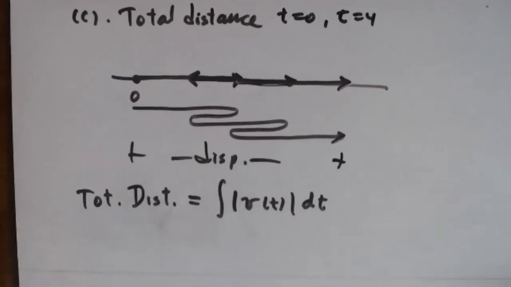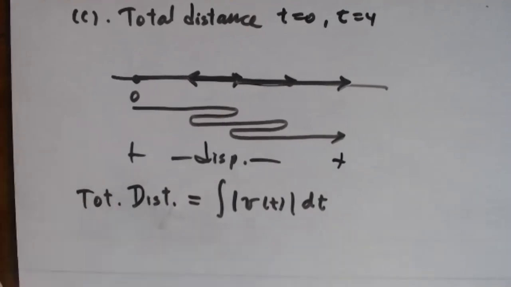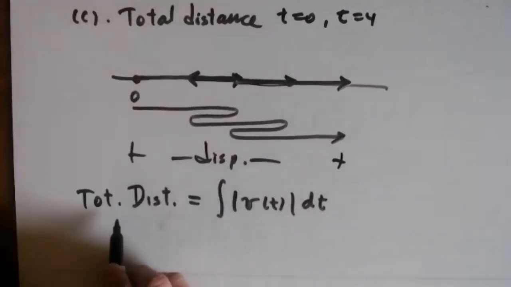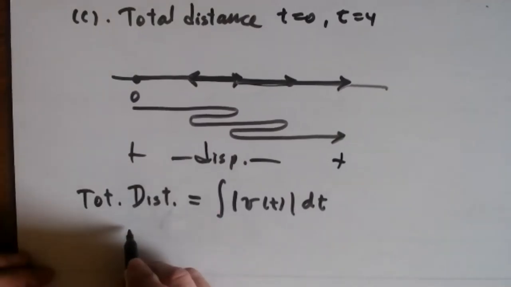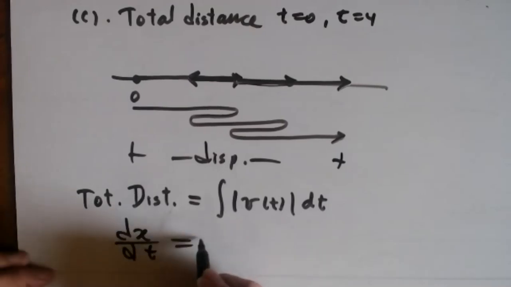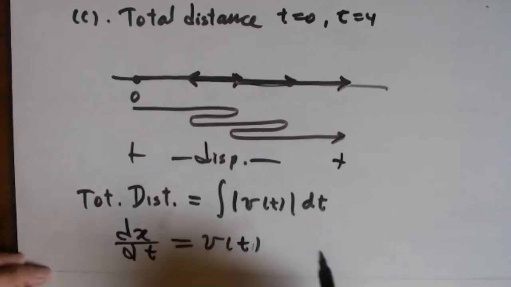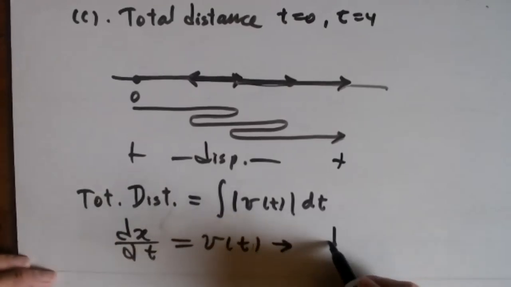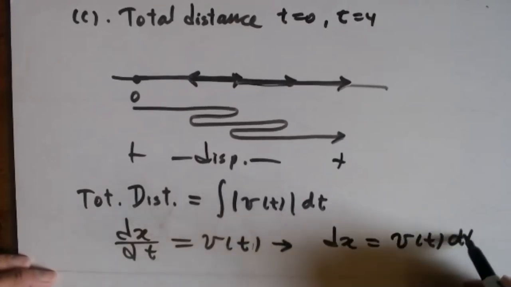Now, the only thing we have to do is determine this one. dx dt equals v of t, correct? This is my formula. So my integration is going to do dx equals v of t dt.